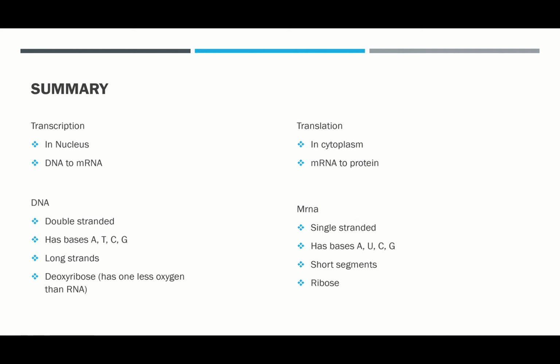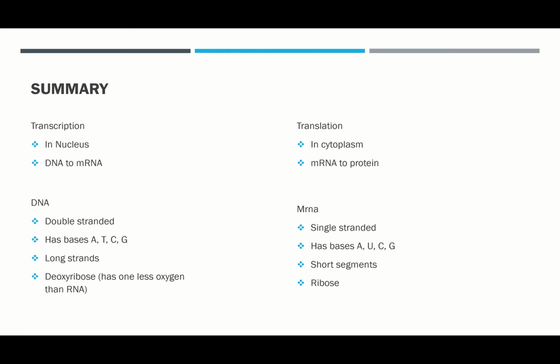So in summary, transcription happens in the nucleus. It is DNA to mRNA. And translation happens in the cytoplasm, in the ribosome. And it's the translation of mRNA to protein. DNA is double-stranded, has bases adenine, thymine, cytosine, and guanine.